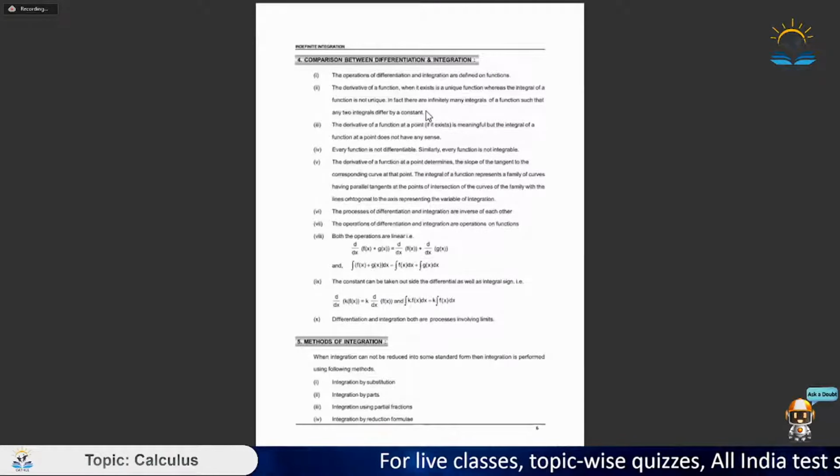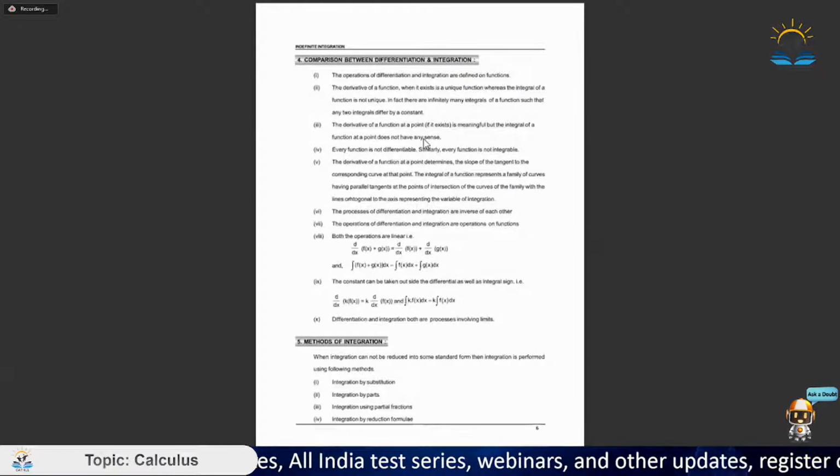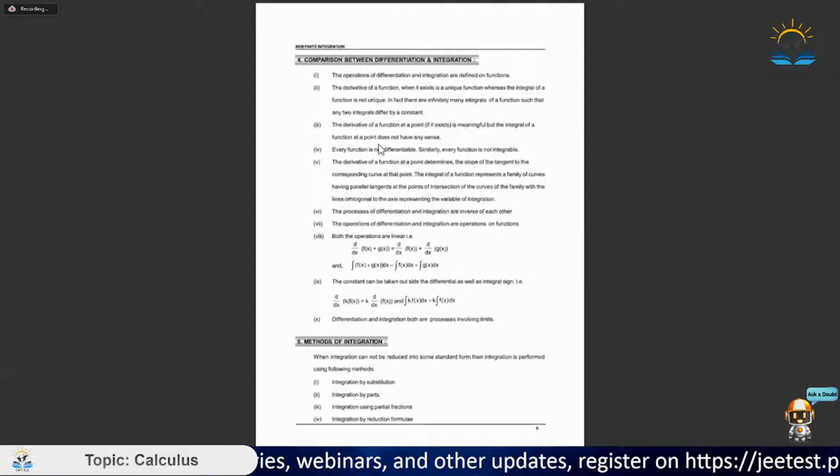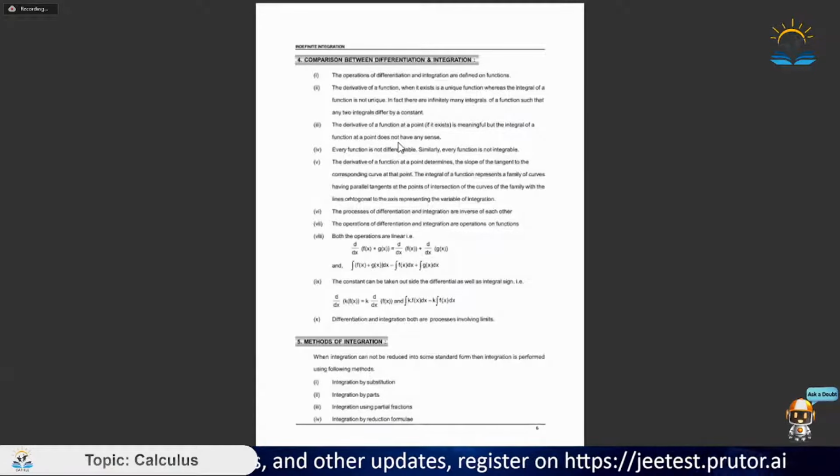So the integral of a function can be infinitely many functions. So this is the point it is trying to say. Let us move to the next point. The derivative of a function at a point, if it exists, is meaningful, but the integral of a function at a point does not have any sense. Yes, because integration is basically the area under a function.